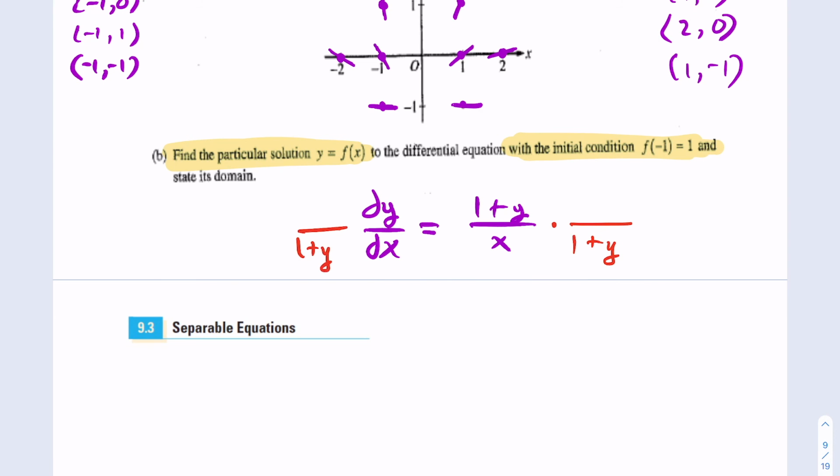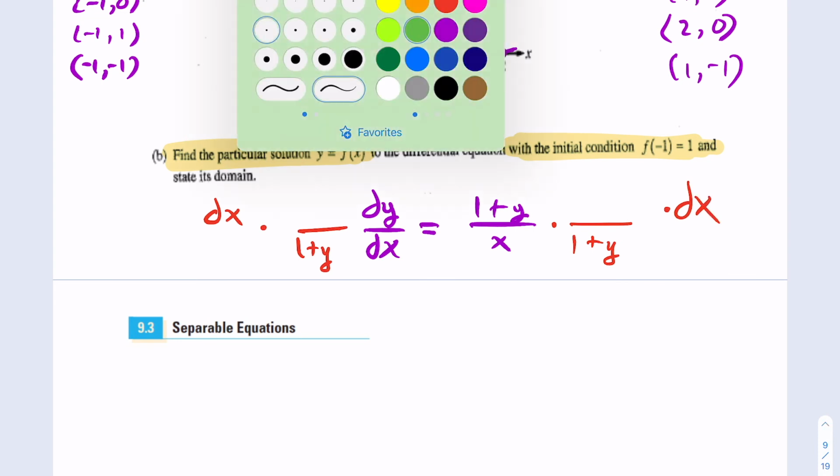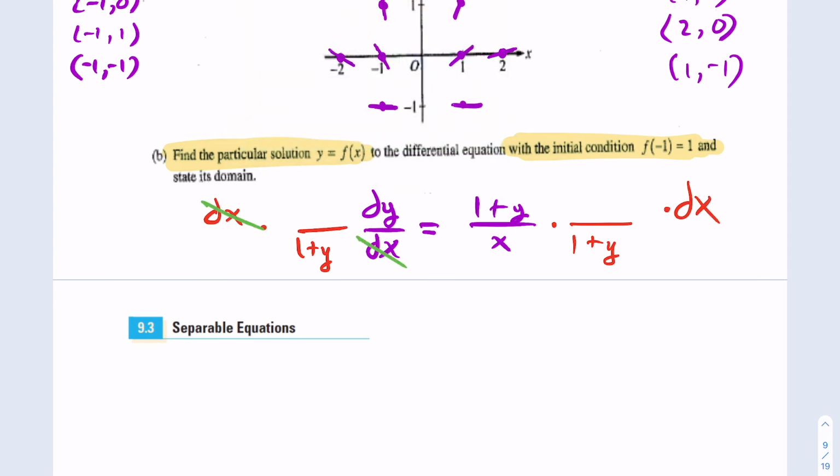And since I need to move the dx over, I need to multiply by dx. That causes my dx's to cancel out on the left and the 1 plus y to cancel out on the right. I'm left with 1 over 1 plus y dy is equal to 1 over x dx.